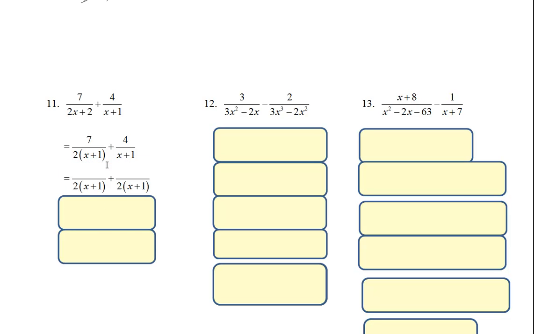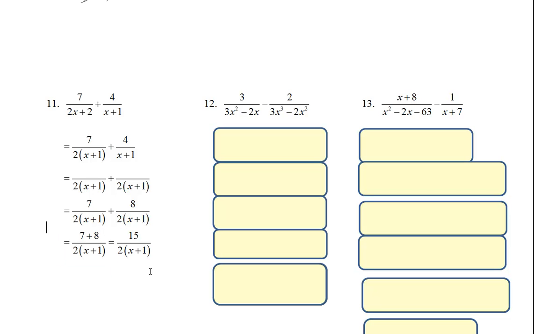So I've got to build both fractions. This one I already know is going to be 7. If you already have that common denominator, then that fraction's already done. This one's going to have to be built. Looks like I need to multiply this by 2, so I should end up with 8 on that one. Put them together and we should end up with 15 over that common denominator.